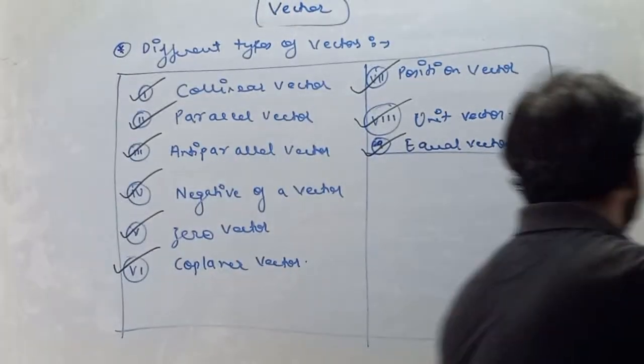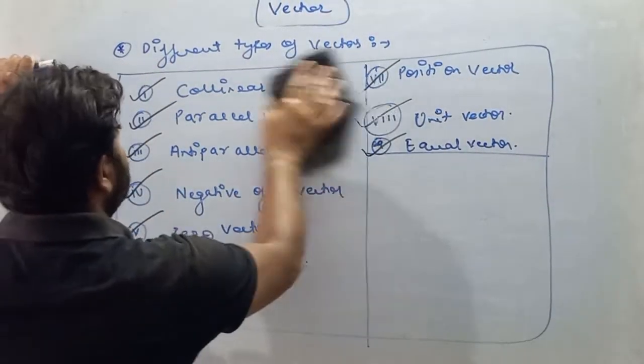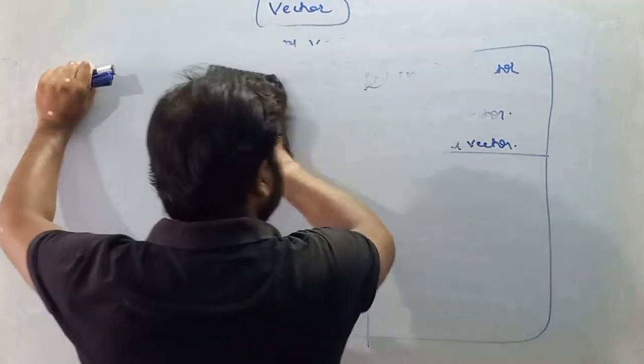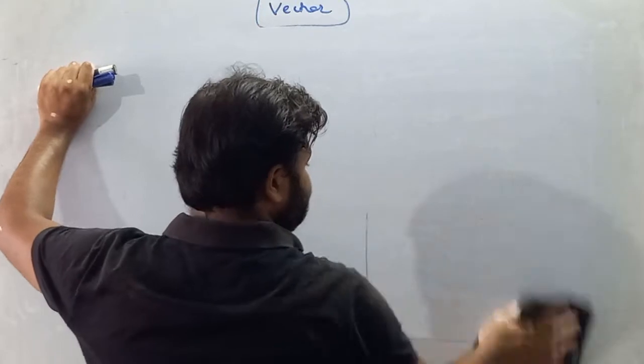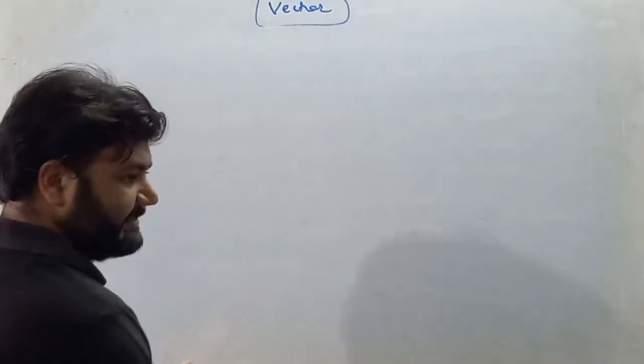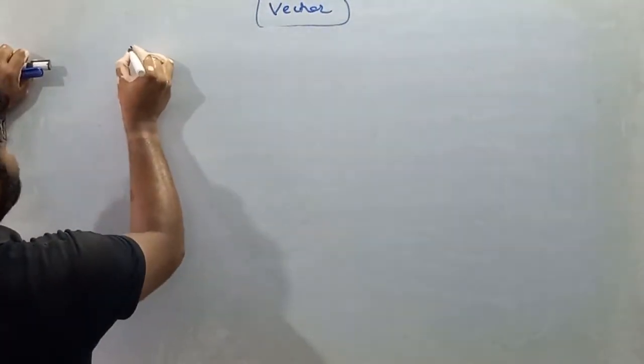So write down, my dear student, first type of vector is collinear vector. Now see what actually collinear vector is. Let's suppose we have two vectors.